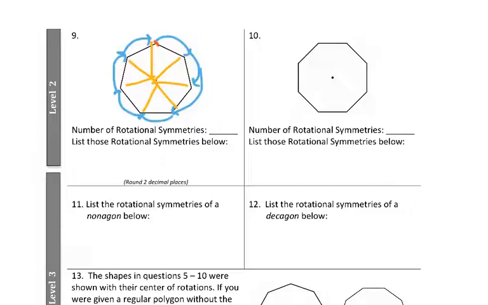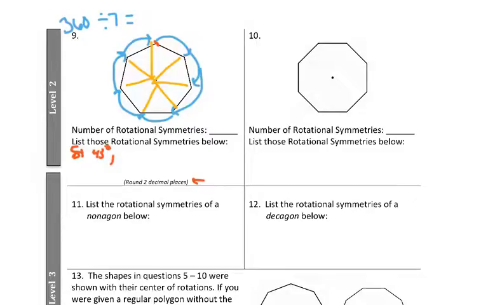So why don't I take 360 divided by 7? Ooh, I got a crazy decimal. Oh, but good thing I set it at around 2 decimal places. Okay, so the decimal I got was 51.43 degrees. Well, I could have done that twice.